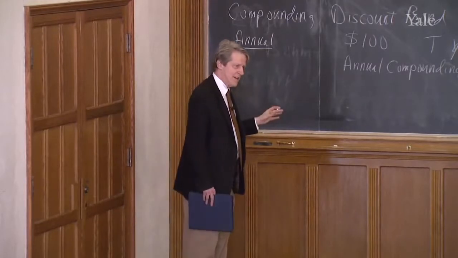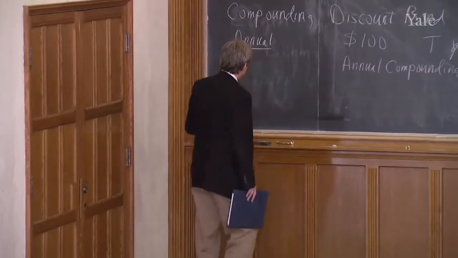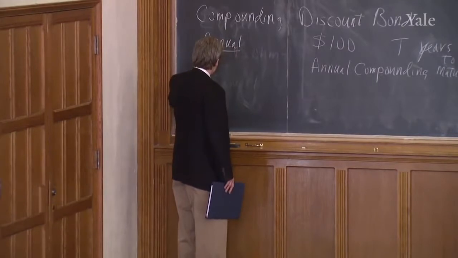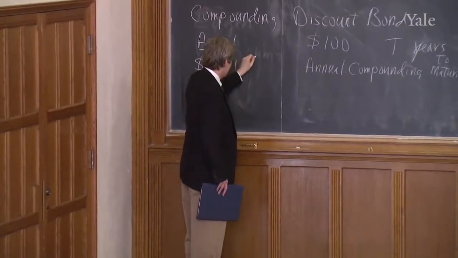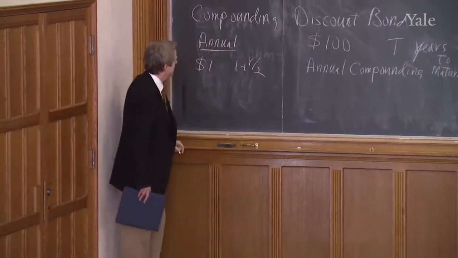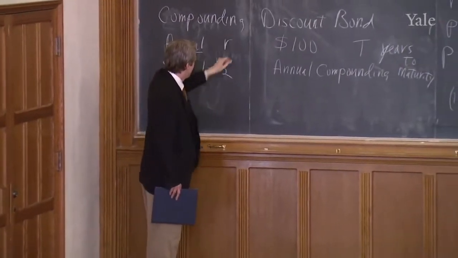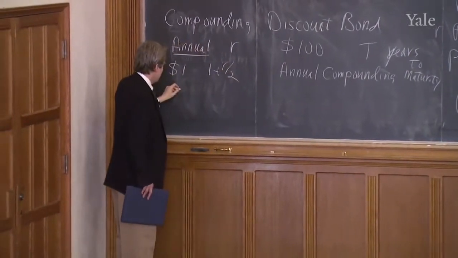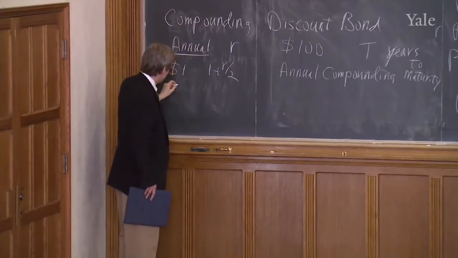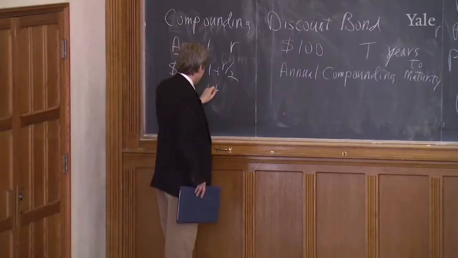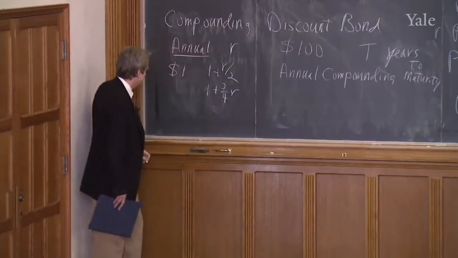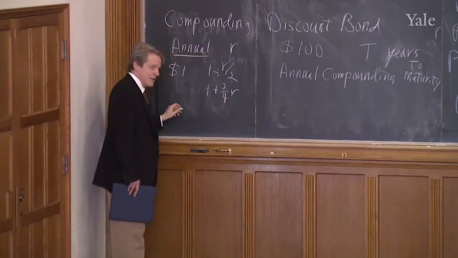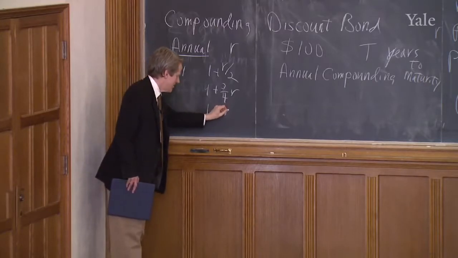You put your money in today. Half a year later, if you put in $1 today, you'll have 1 plus R over 2 dollars, with an interest rate R. 3/4 of a year later, you'll have 1 plus 3/4 R dollars. And then a full year later, you'll have 1 plus R.